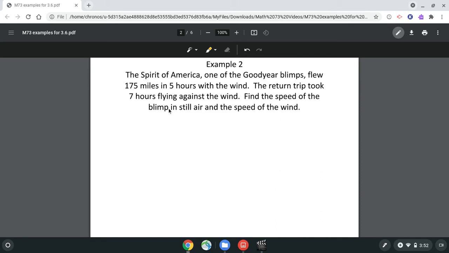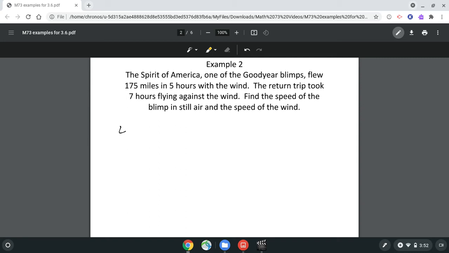If you're not sure how to define your variables, the previous example was a little straightforward. Here they're asking you to find the speed of the blimp and the speed of the wind. Whenever they ask you for two things like that, those will most likely be your variables.